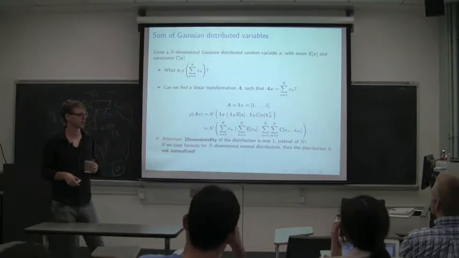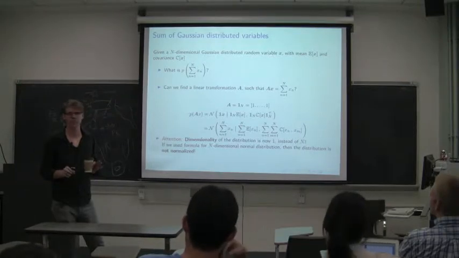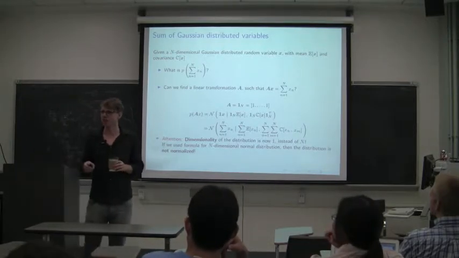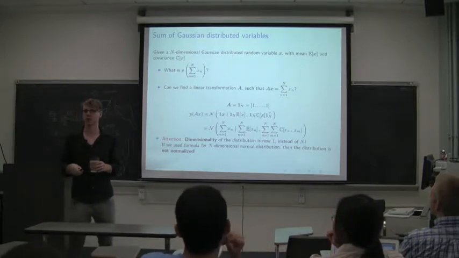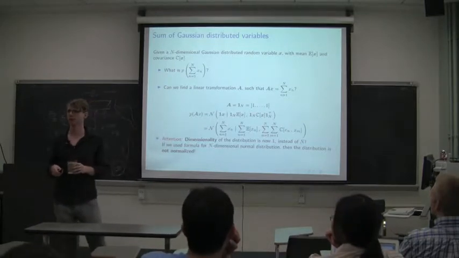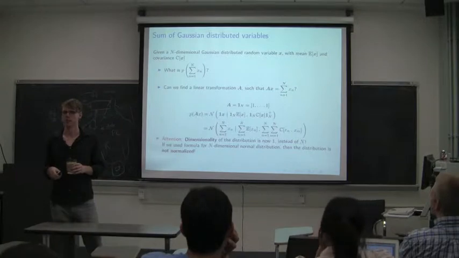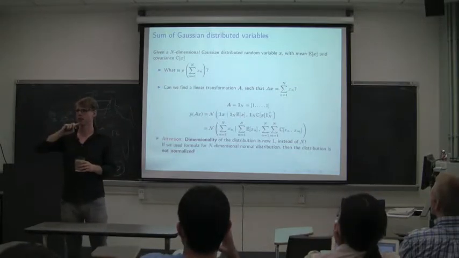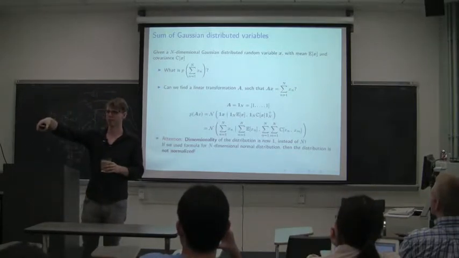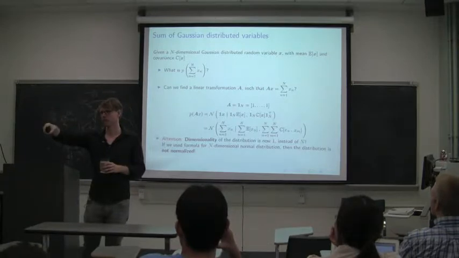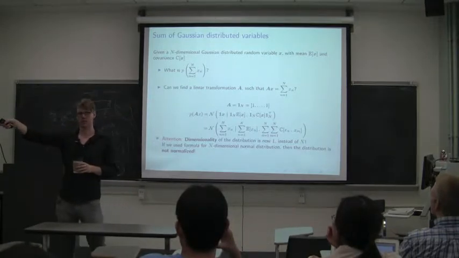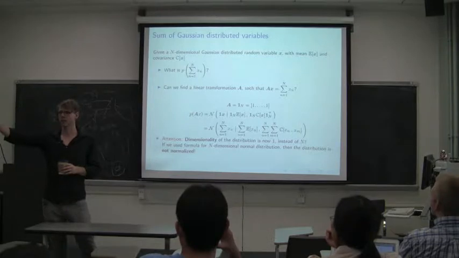Okay, so if the mean also changes now, then you can view the mean also as a random variable, right? So you can think of a hierarchical model where you first sample a mean, and then from that mean, you sample your variable that you're then adding up.